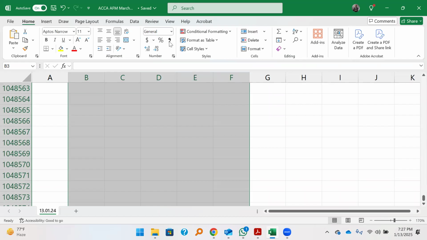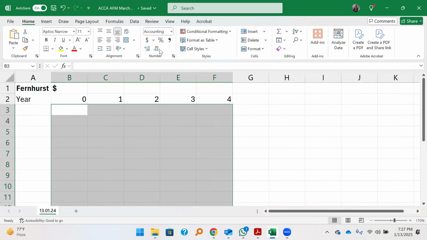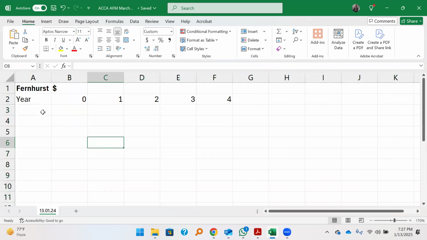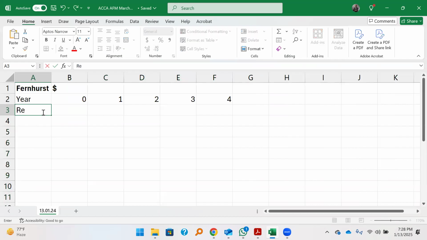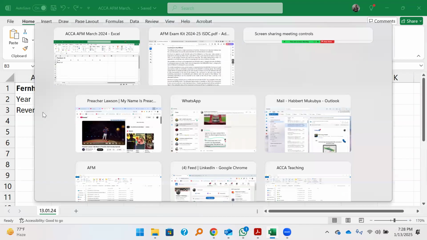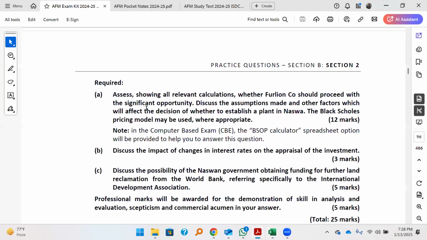So let's first work in dollars. When you are setting up these kinds of questions, you normally have revenue, then you bring the costs, then you bring tax, and something like that.